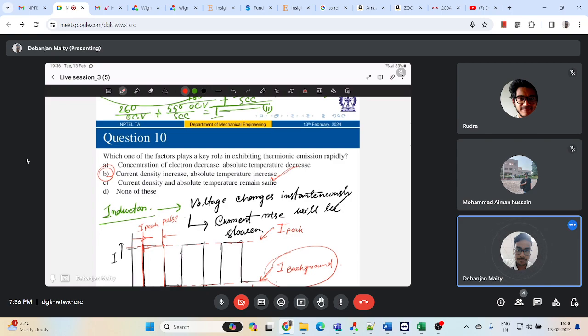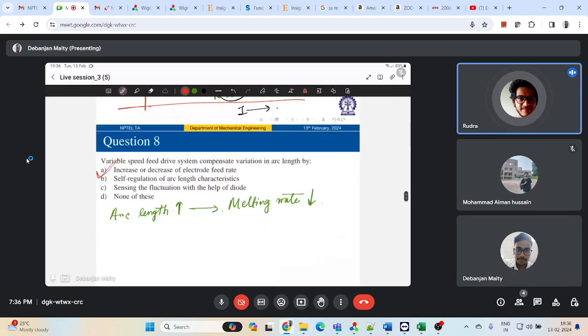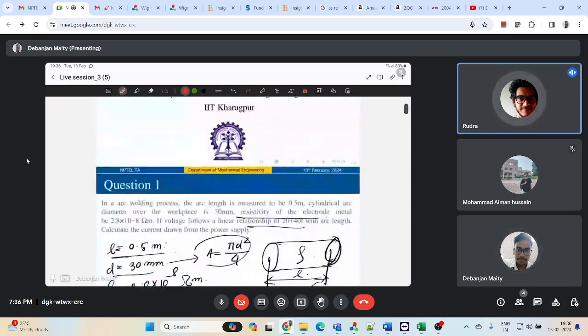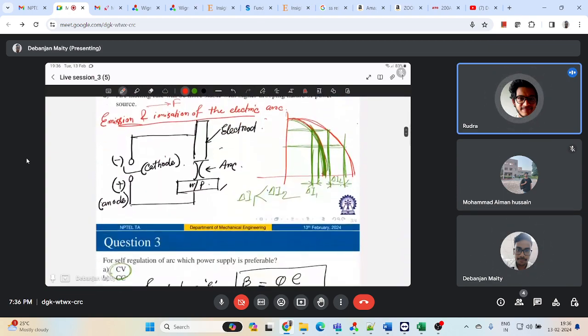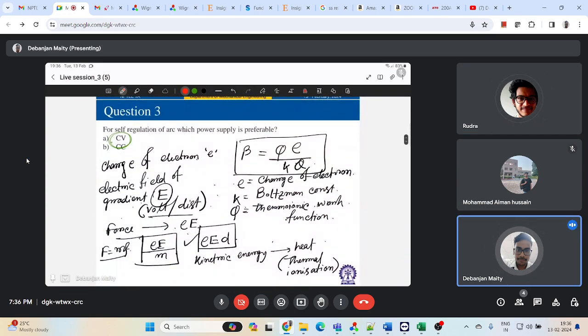Now there's that beta value. Yes, yes, I understood. Yes, the beta value, in the exponential. So it may depend on that thermodynamic work function, and depending on your work material, it may change which electrons are carrying how much amount of charge.